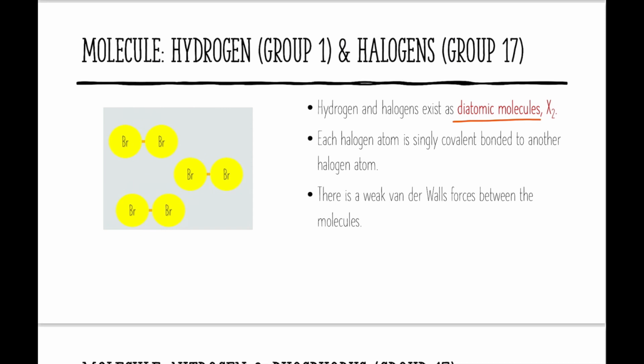This is a similar case for hydrogen, where each hydrogen atom is singly covalent bonded with another hydrogen atom. Hydrogen will exist as an H2 molecule, and for halogens, we have fluorine, chlorine, bromine, and iodine. All of them exist as diatomic molecules.